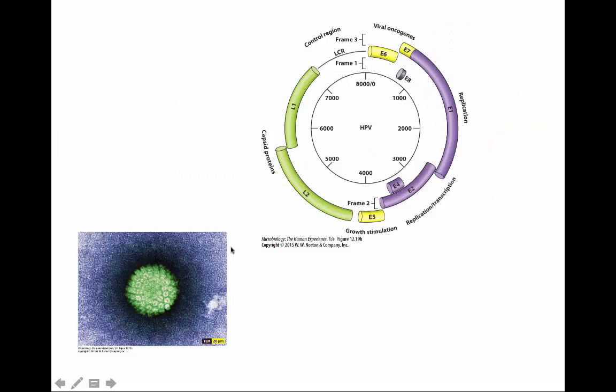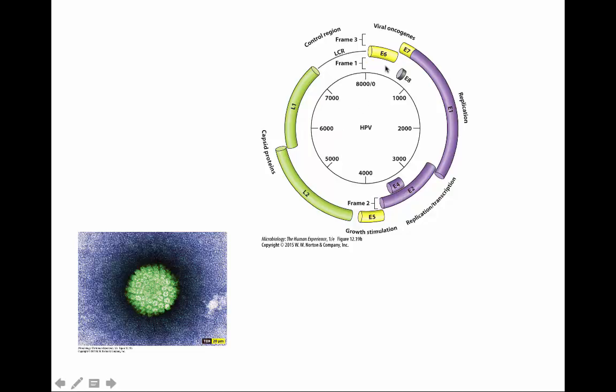Here is the genome of the human papillomavirus, and I want to point this out because it's kind of fascinating. We know that the reading frame of DNA, right? So we divide up our DNA or our RNA into 3 bases, which make a codon. But we know if we shift those over, we would get totally different amino acids. Well, viruses have capitalized on that, and they have figured out a way to make 3 times as many proteins from one genome. So you can see here this genome.